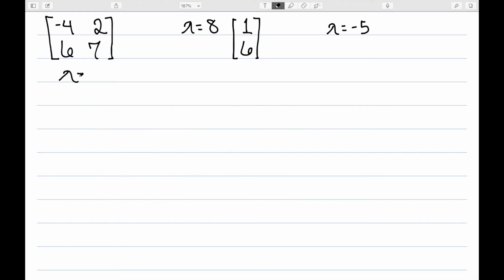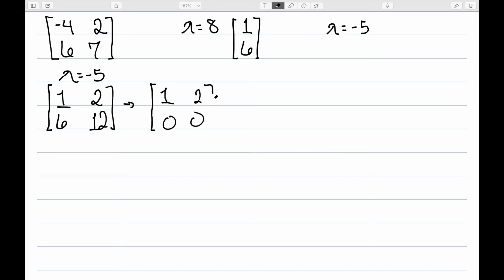Now let's find the eigenvector corresponding to lambda equal to -5. -4 minus -5 is 1, 2, 6, and then 7 minus -5 is 12. Reducing this gives me 1, 2, 0, 0.